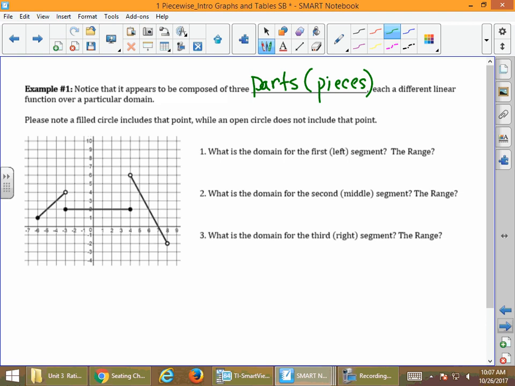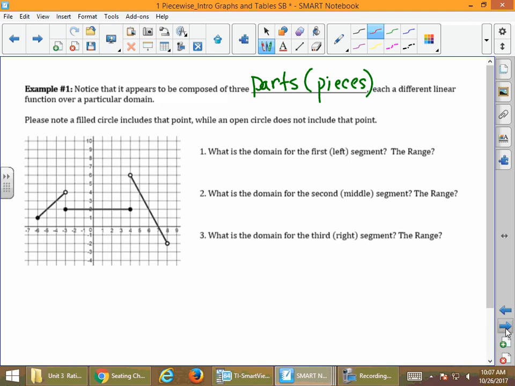So we need to go back and remind you about domain for a couple minutes. Remember that domain is dealing with the x values of the function. And so we're looking at a graph from left to right. So if we look at part one here, what is the domain for the left segment? What we're going to do is look farthest to the left.